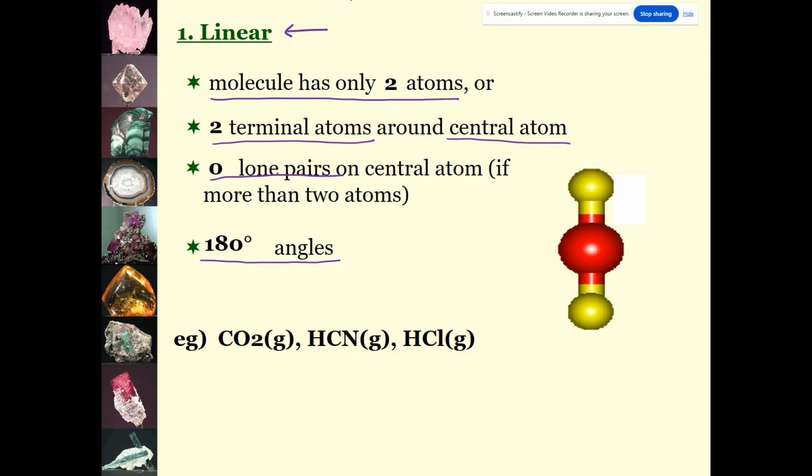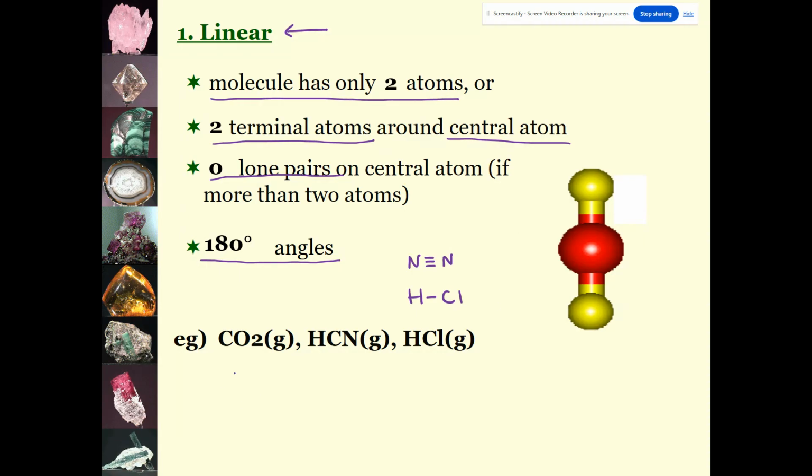Okay, so some examples. So HCl I already showed you. Those were when there was just two atoms in the molecule. Neither of them are central. They're both terminal. And again, like I said, whether this is a triple bond, a double bond, a single bond, the shape between two atoms is always linear when there's just two atoms.